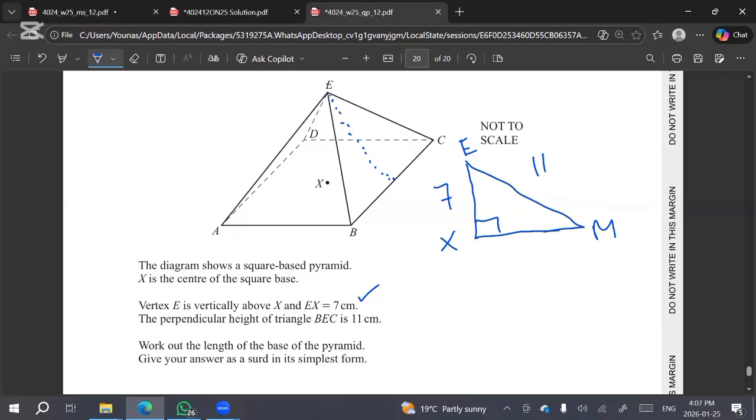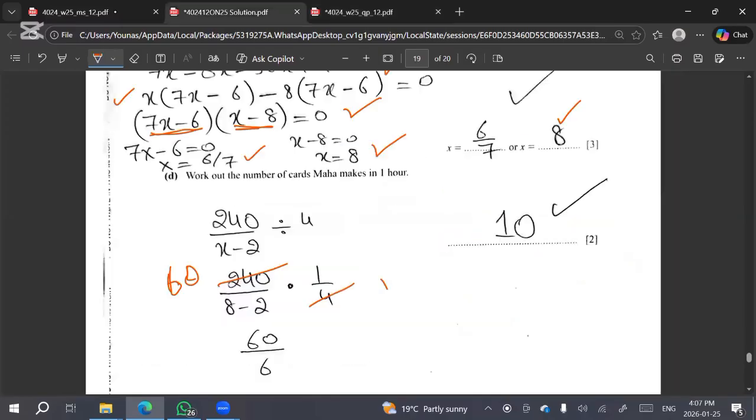I will find the value of XM. Once I know XM, then I will double XM, and that will be equal to AB. This is basically the side of that square. AB will be the side of the square. So very simple, straightforward methodology.